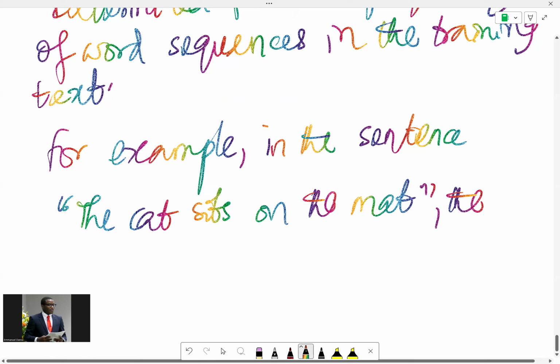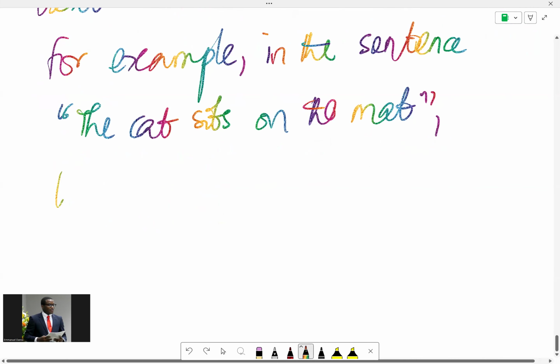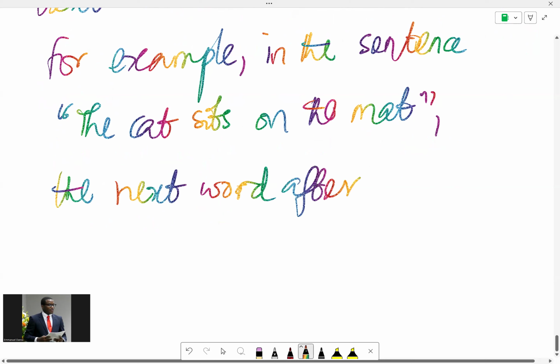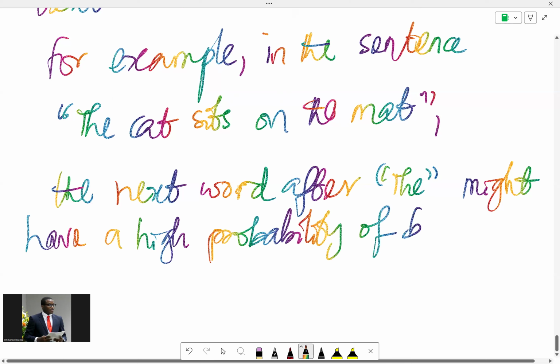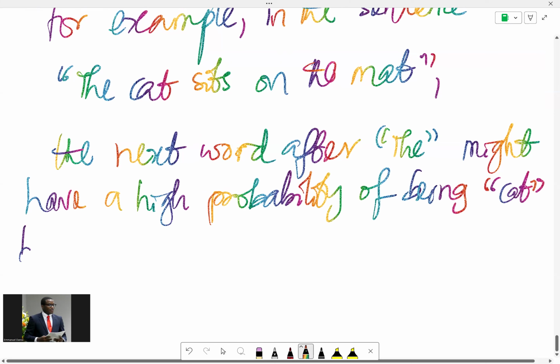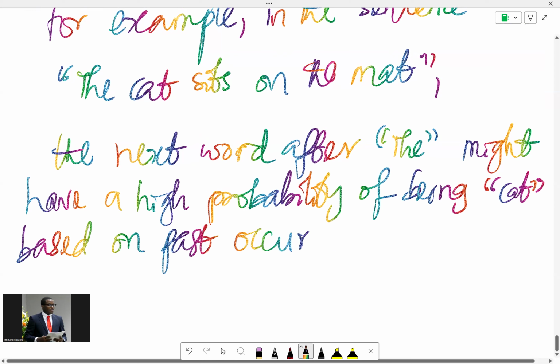The next word after "the" might have a high probability of being "cat", based on past occurrences in the training data.